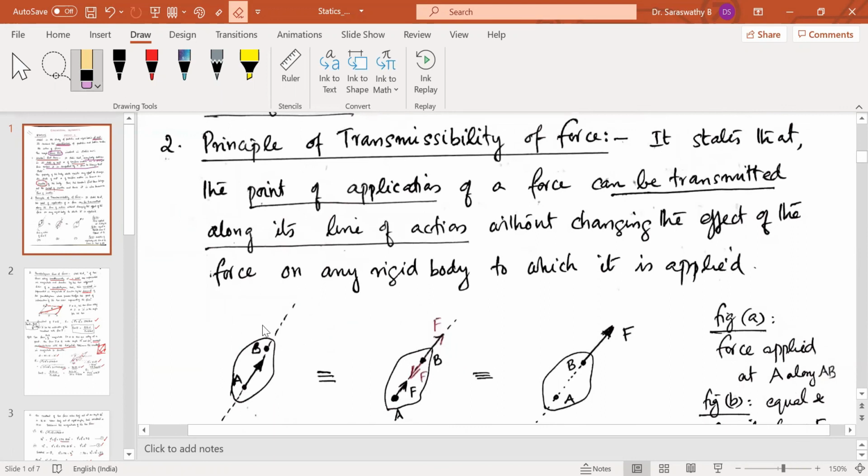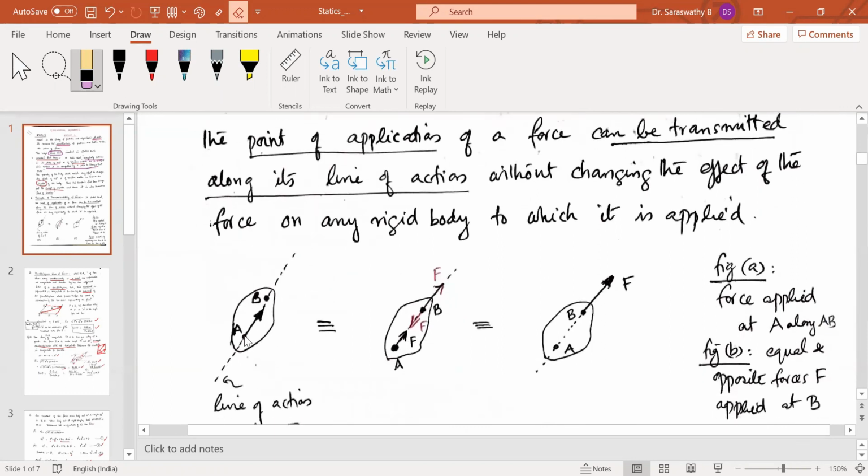Consider a body, and a force is applied at point A. The figure shows the line of action of the force. What this law states is that from point A, I can shift this force to point B along the same line of action.